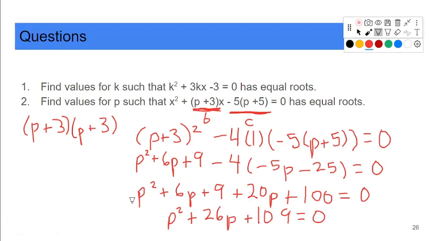I don't think so. I'm not sure. Yeah, I would just use the formula in this case to solve for p. So you guys can try to solve this quadratic, this p.